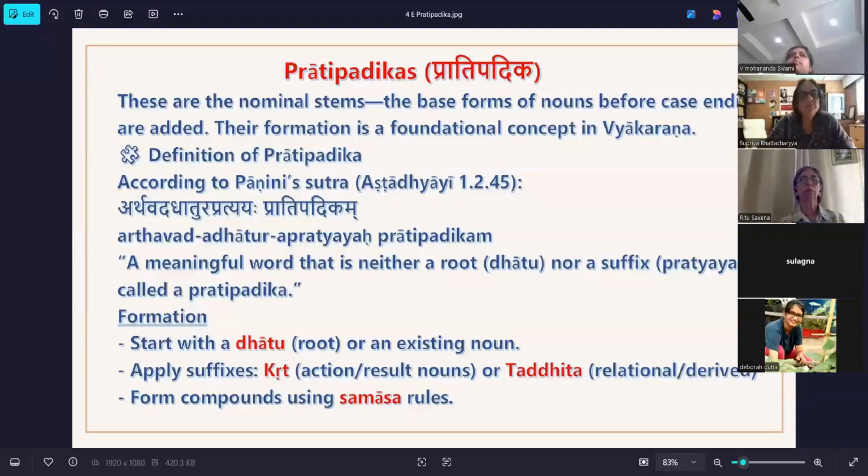So pratipadikas we have seen, these are nominal stems, the base forms of nouns before vibhaktis are added. Their formation is very foundational, because from the pratipadikas come all the nouns. What is the definition? This is a negative type of definition. Negative means a pratipadika is neither this nor that, because otherwise it is difficult to define pratipadika.